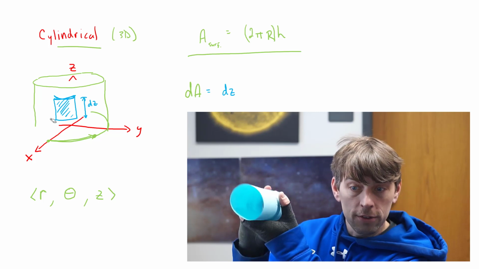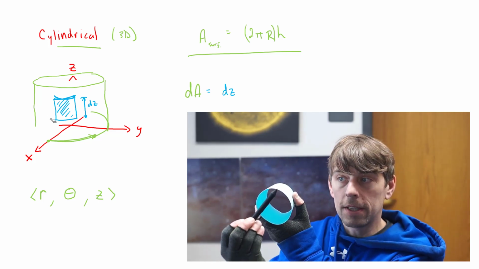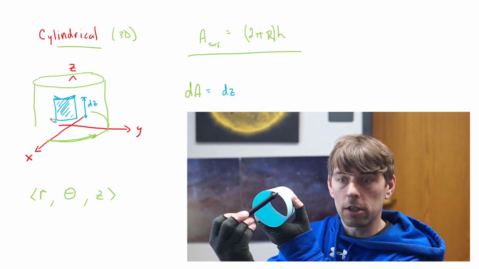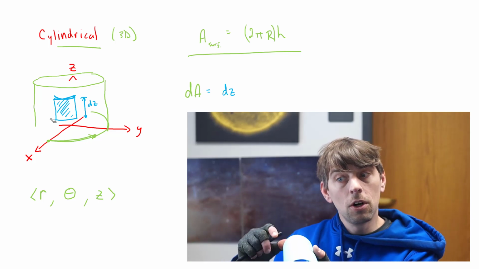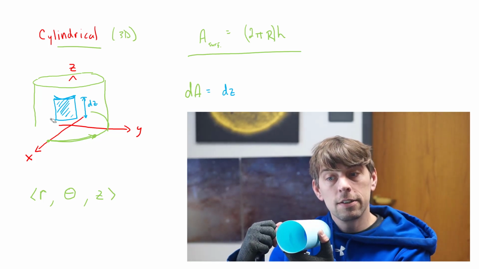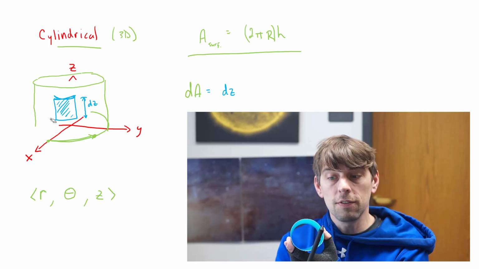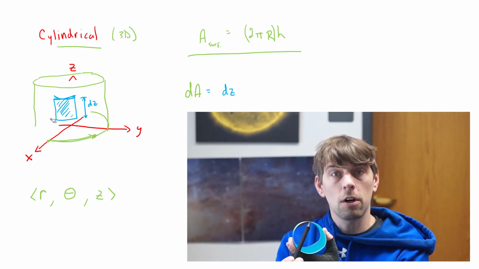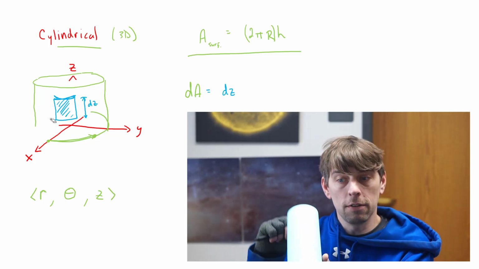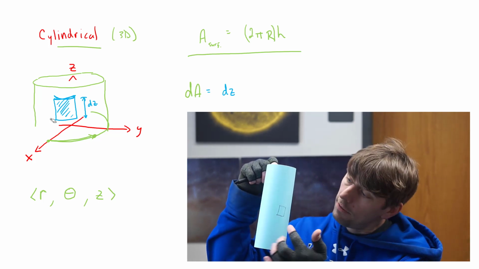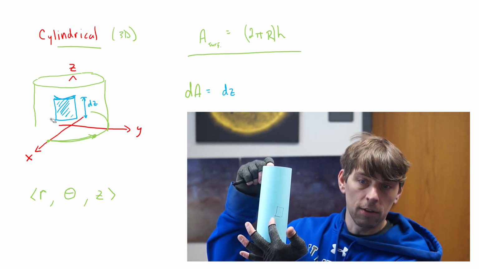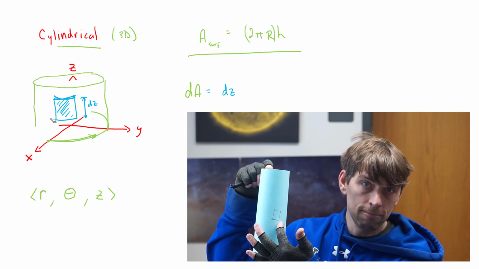As you can see from a top view, that piece would actually undergo a curve. And so I need to come up with some expression giving me the infinitesimal arc length on the body of that cylinder. And that infinitesimal arc length will represent the width of my little square.